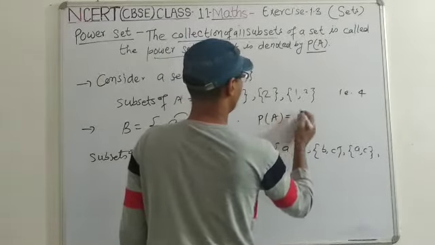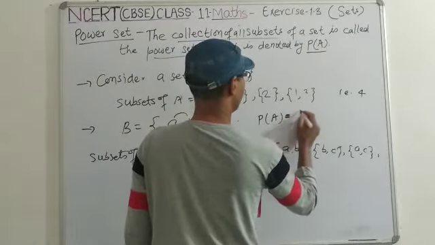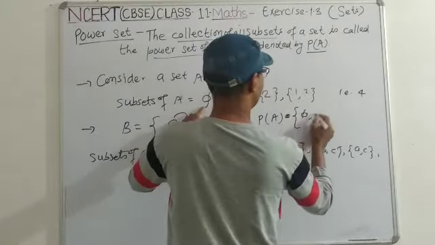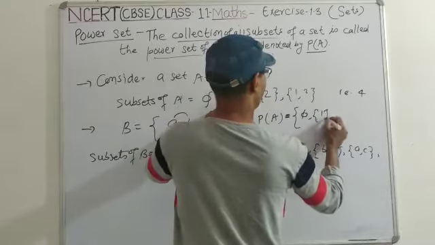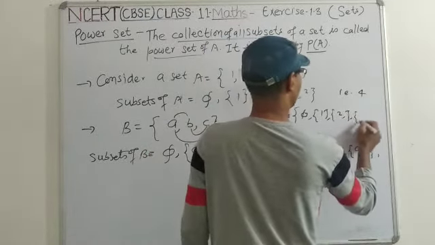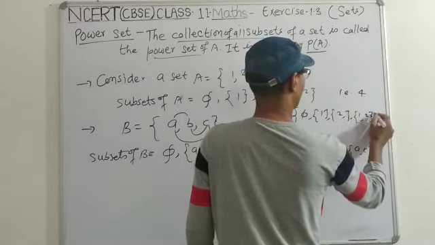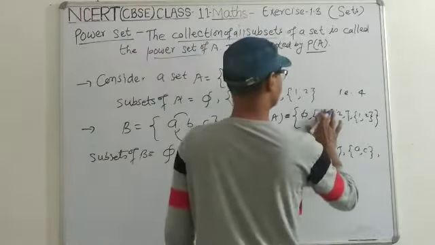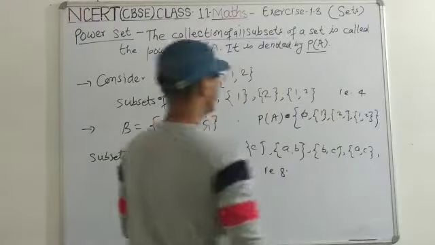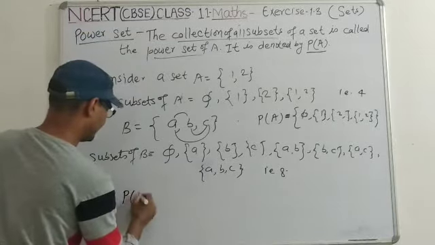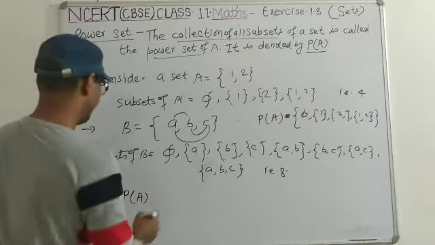So in the first example, the power set is the collection of all subsets like this. First is phi, second is {1}, then {2}, then {1, 2}, and again we close in the curly bracket. Inside it we will write everything. So these are the 4, and here the power set is denoted by P(A).